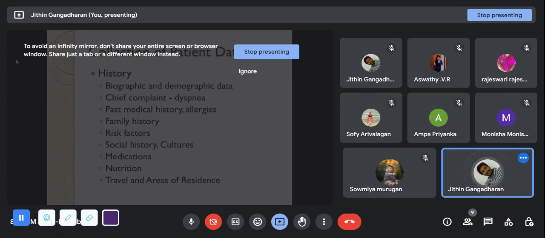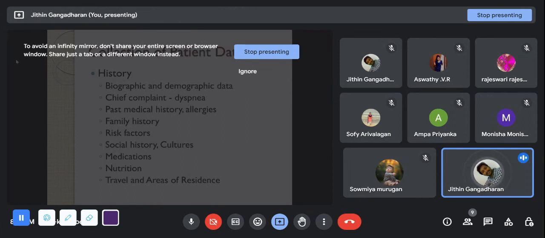Social histories like cultures, like smoking, whether the smoking is in the culture or as a history of personal habits. Then medications. In some conditions, these medications will also affect the respiratory areas.